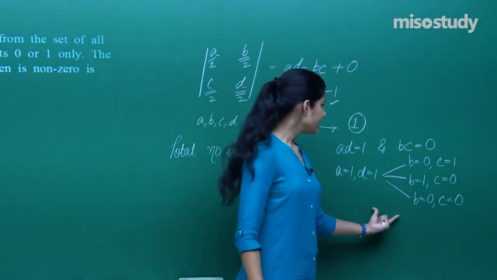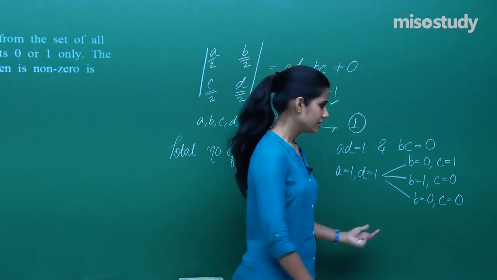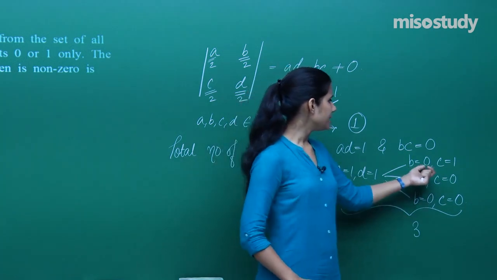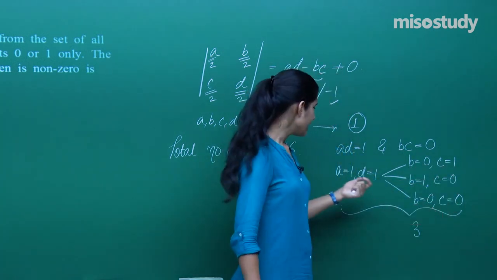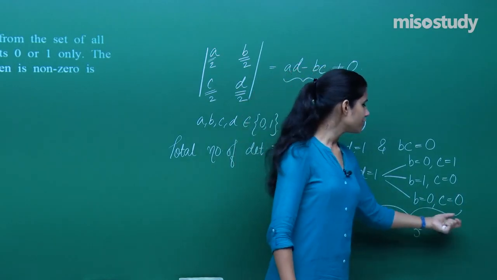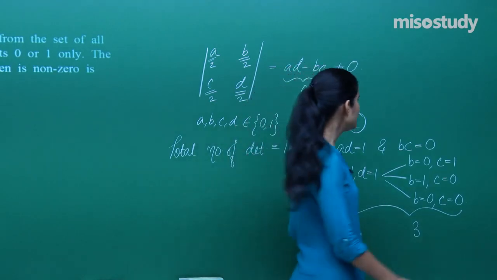So there are basically 3 determinants which are going to give you the non-zero value 1. There are 3 of them. You put A1, D1, B0, C1, this is one determinant. A1, D1, B1, C0, second determinant. A1, D1, B0, C0, third determinant. And all these are going to give you the value 1, which is non-zero.